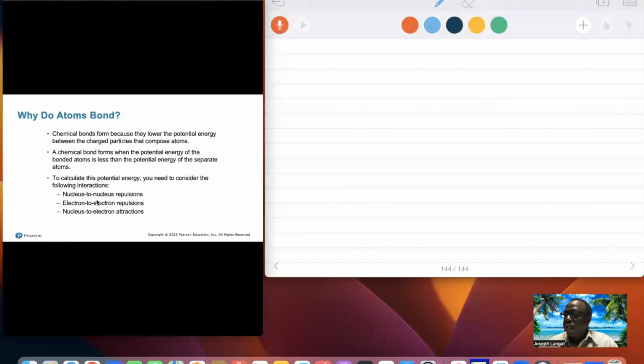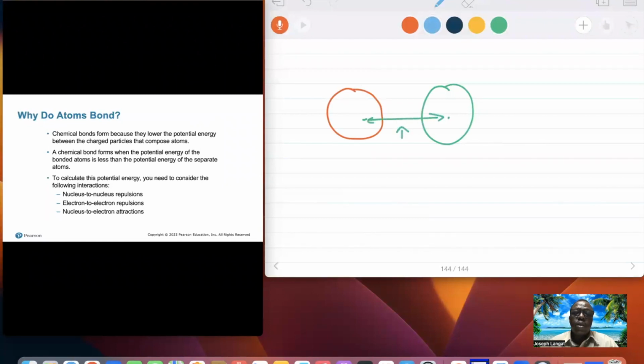If we have, let's say, this is an atom and this is another atom here. If this is the nucleus and this is the nucleus, this is the nucleus to nucleus repulsion.